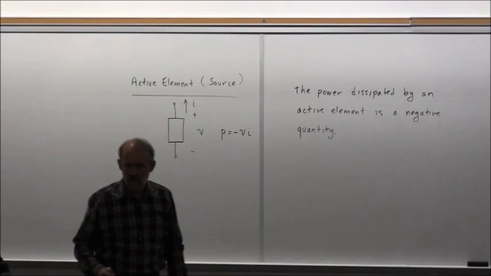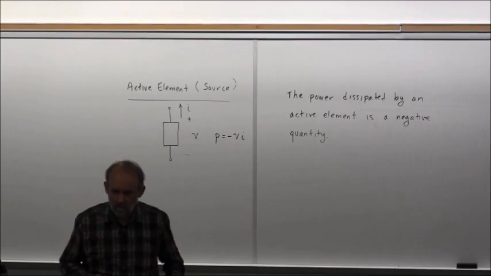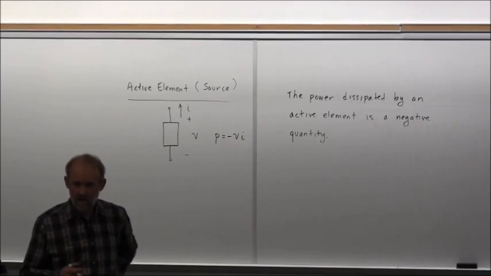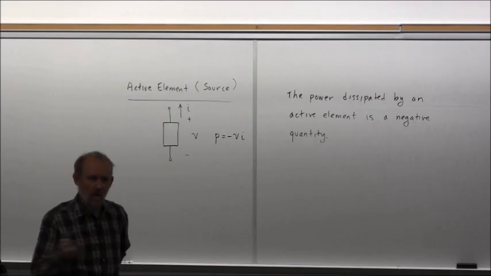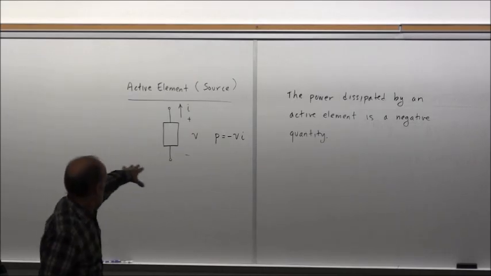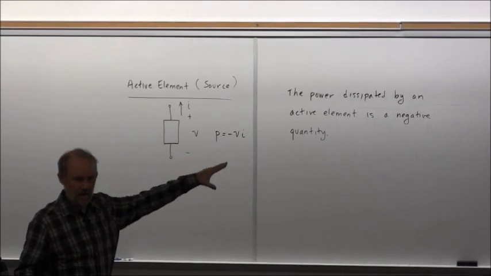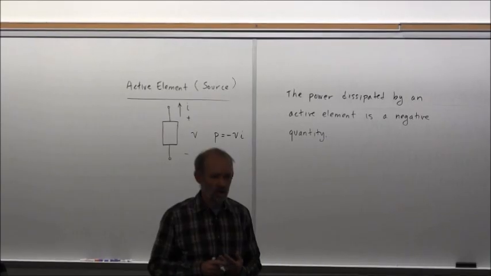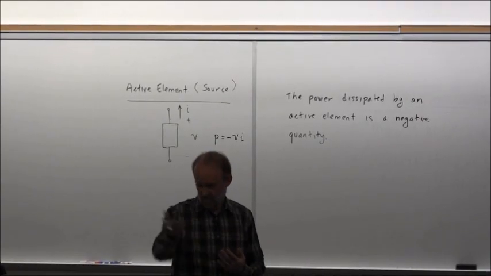Yes, sir? Yeah, and that's an excellent question for everybody to ponder. So the question, what is meant by, in the latter case, power dissipated by an active element is a negative quantity? What's that another way of saying? Absolutely.